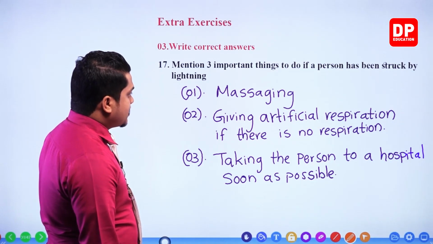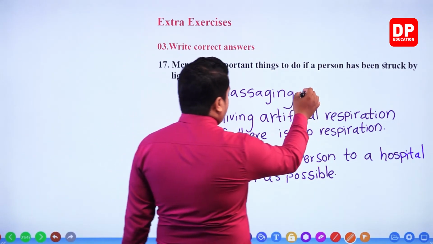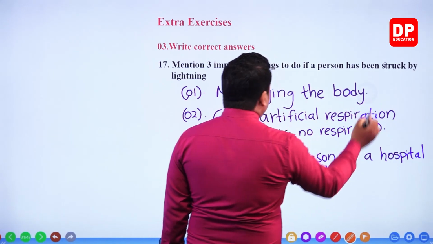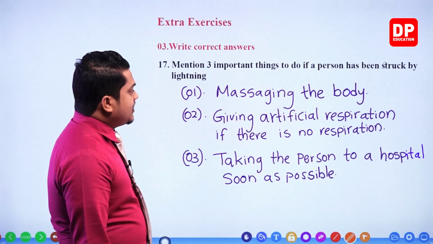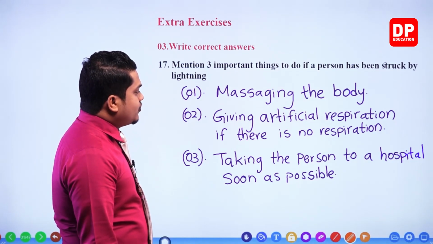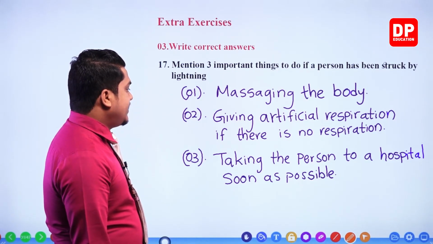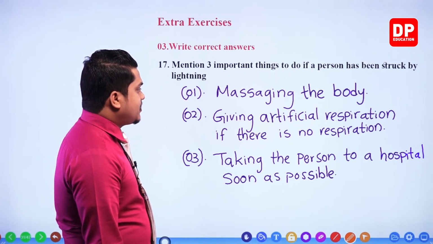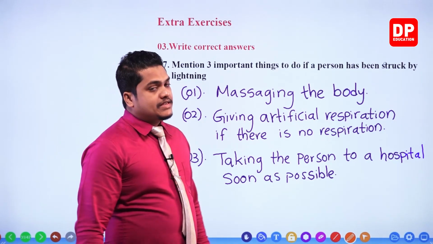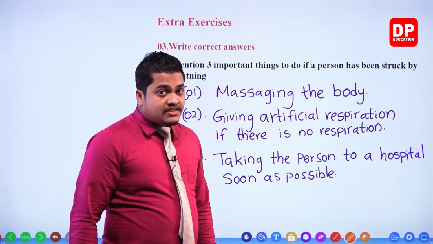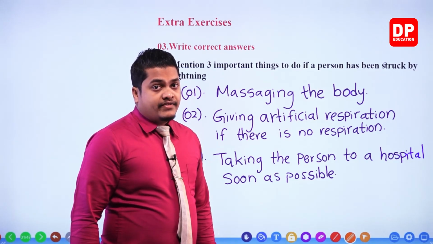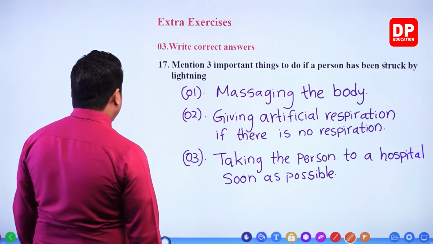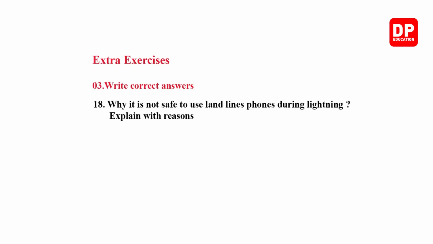Right. So massaging the body, will mention as massaging the body. Then giving artificial respiration if there is no respiration. Then taking the person to a hospital as soon as possible. Right. So these are the methods or main first aids that we can give if a person has struck with lightning. Okay. Right.